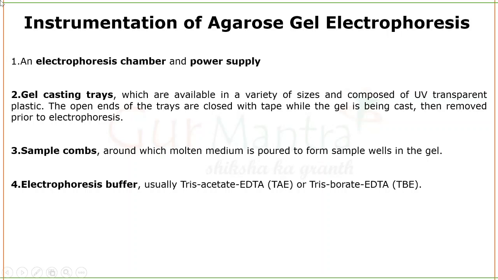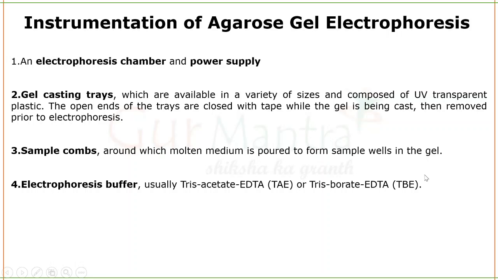Okay, so you will have an electrophoresis buffer. We were talking about the buffer for making agarose and the gel, everything. This buffer is Tris acetate EDTA, or TAE buffer, or else TBE buffer, Tris borate EDTA. Note this point down, very very important.